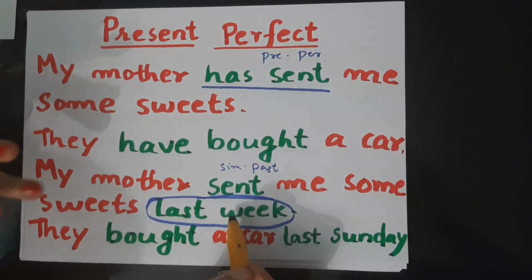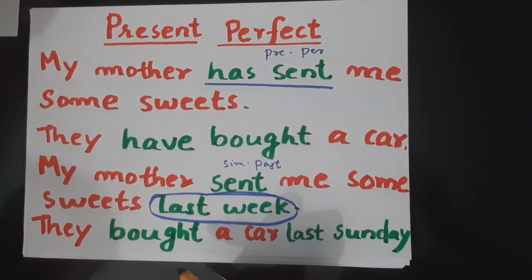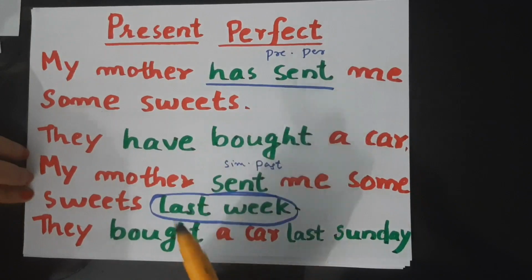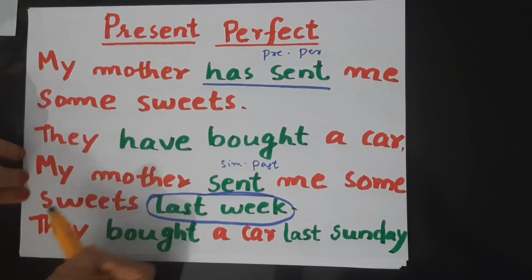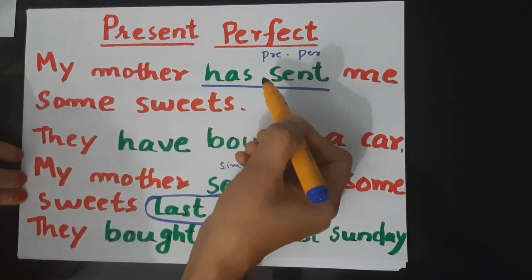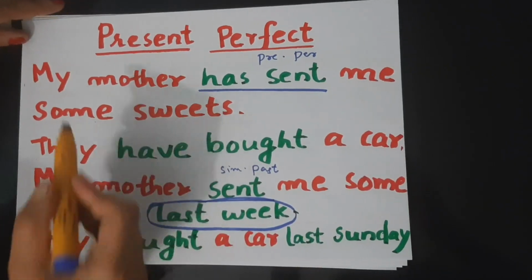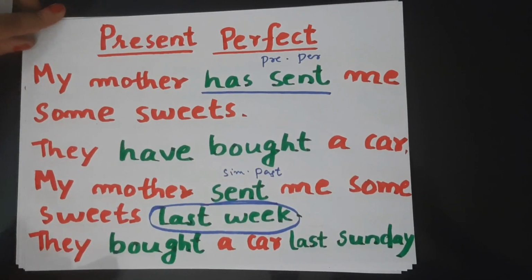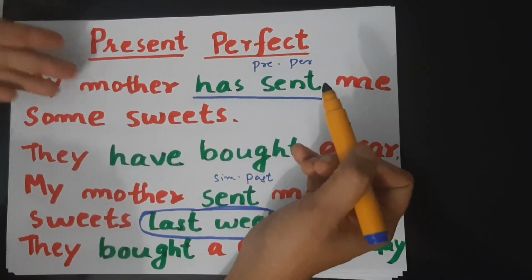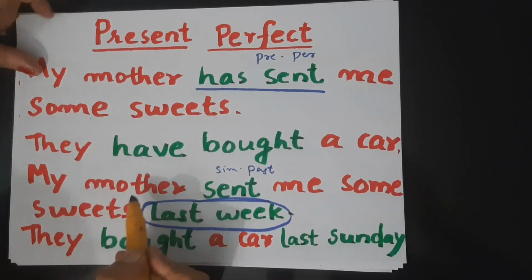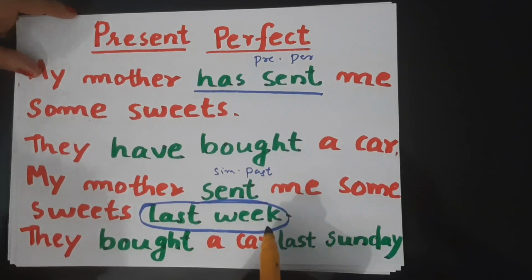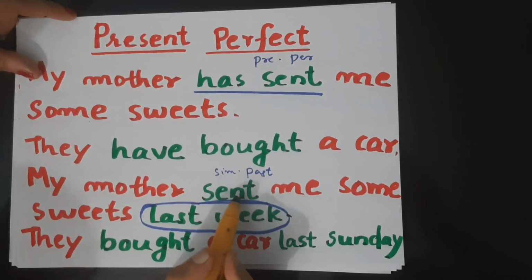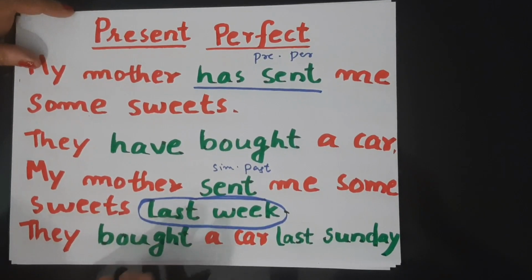That exact time you have to mention. But when you're not pointing out that exact time, you can use present perfect. That's why my mother has sent me some sweets is present perfect. And my mother sent me some sweets last week. Here you can use simple past tense.